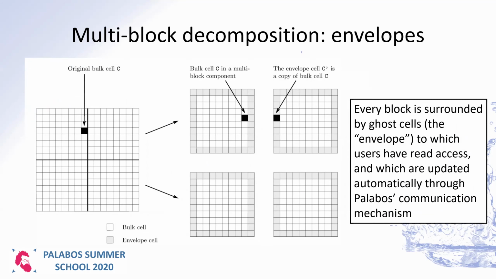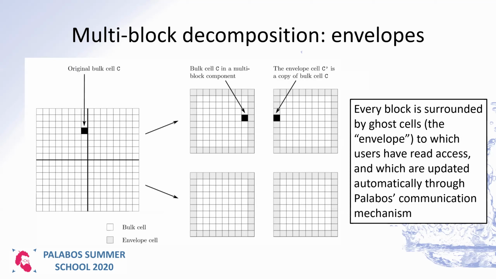Each atomic block has an additional envelope, in this case, of 1 cell thickness. It can be more than 1, it can be 2 or 3 cell thickness. This is something the user can choose. And these envelopes are ghost cells. They correspond to an actual bulk cell of another atomic block.